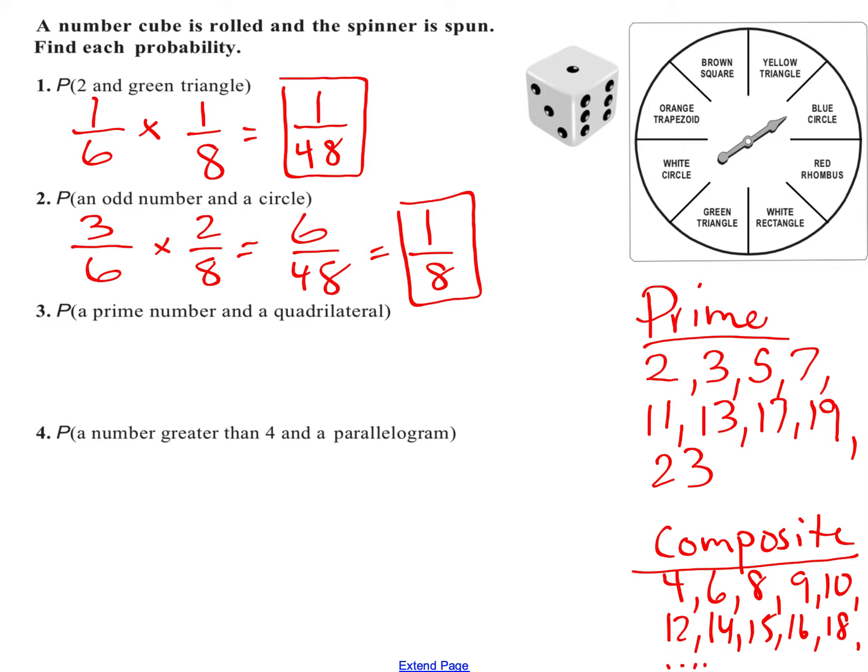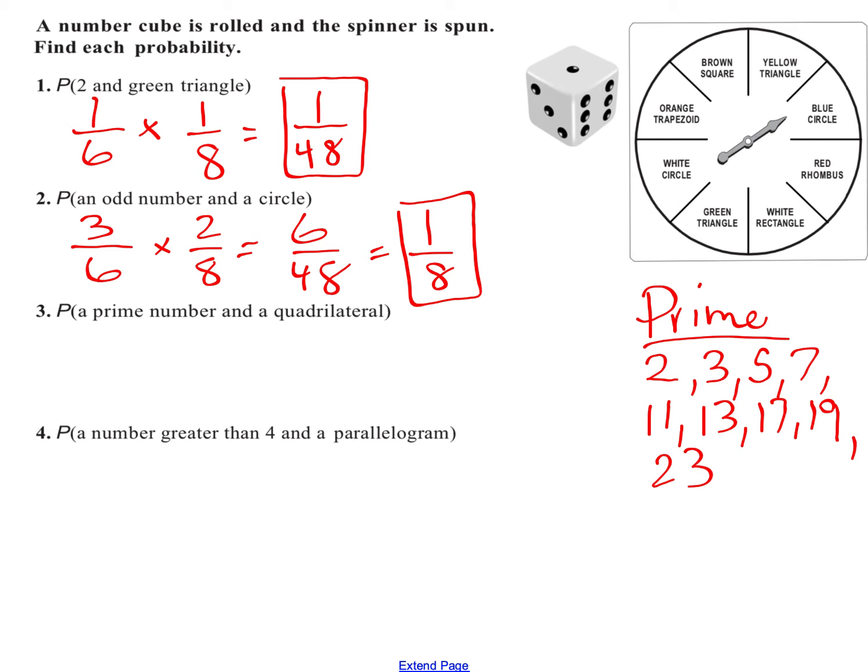There is another type of number that I have not included here. It's called a unit, and there's only one of those. It's 1. So prime numbers cannot be factored. Composite numbers can be factored. So, the probability of a prime number and a quadrilateral. Okay, when you roll a number cube, the prime numbers on it are 2, 3, and 5.